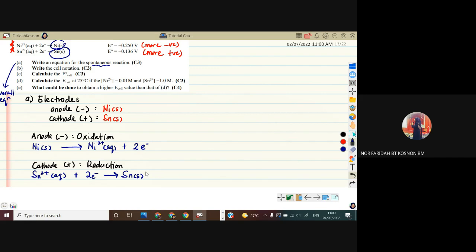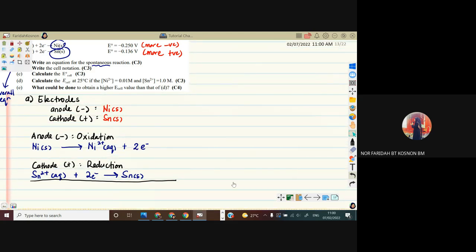Tapi kita masih lagi tak menjawab soalan, because the question asks you to write an equation for the spontaneous reaction, maksudnya kita nak overall equation. So before you can get the overall equation, pastikan dia punya number of electrons transferred from the anode to cathode mesti sama, equal. So this 2 moles of electrons, this 2 moles of electrons can be cancelled out.